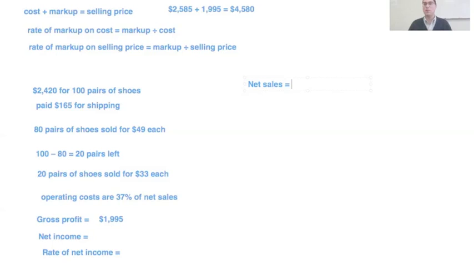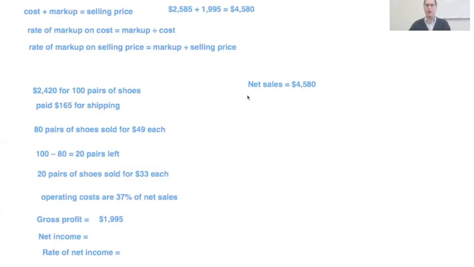That's all the money that we received from the sale of the shoes. And we figured out before that is $4,580. And remember when I had to check to see if there were any returns, the net sales would subtract returns from gross sales. In this case, there were no returns, so the gross sales and the net sales are the same. So net sales are $4,580.